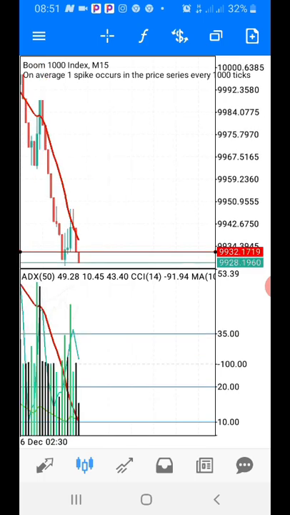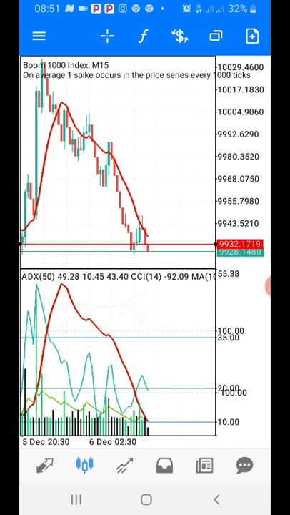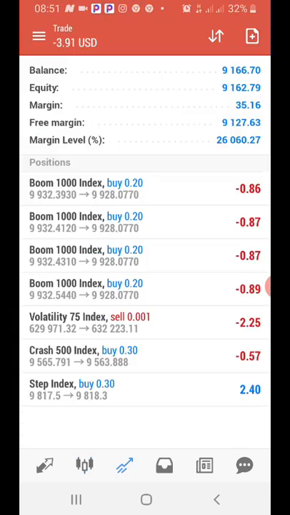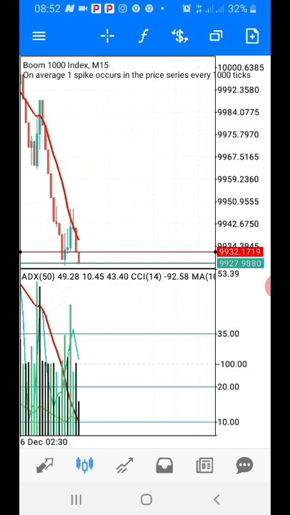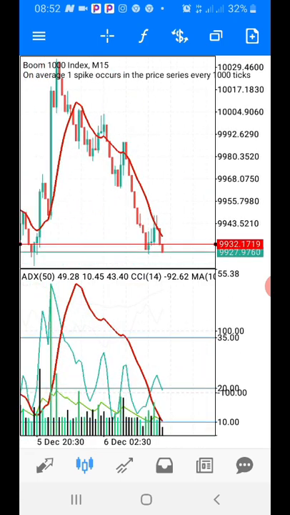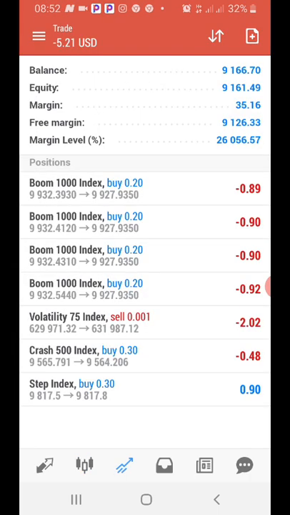This gives more reason to expect the spike. We just need patience, so we're still holding on for this trade.